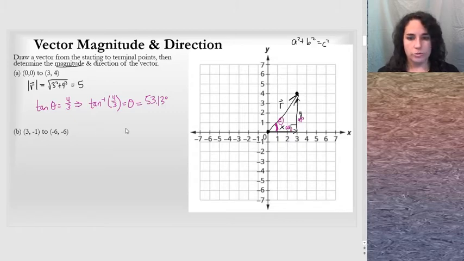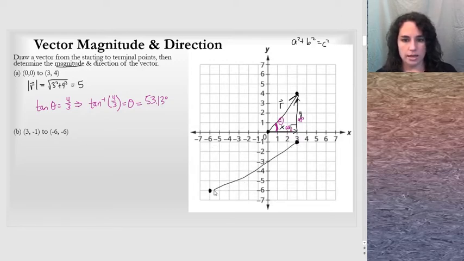We go from 3, negative 1, so there's that point, 3, negative 1, to negative 6, negative 6. Ooh, there's that one. Okay, so you can see that there's the vector that we're trying to solve for. And I will call this t. It's arbitrary what we call it.